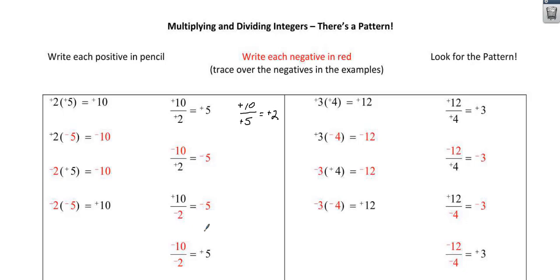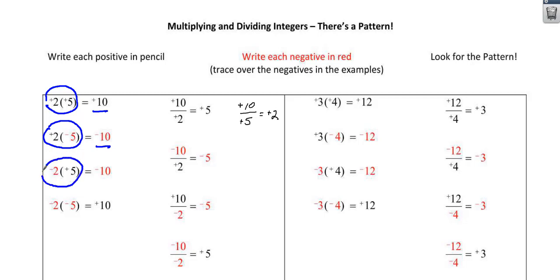Okay, so I want you to pause the video for just a minute and see if you can recognize a pattern that took place in all of those. What we're talking about is a pattern in the first two integers and how they compare to the second. So what pattern do you see in the signs of these and the sign of that one?